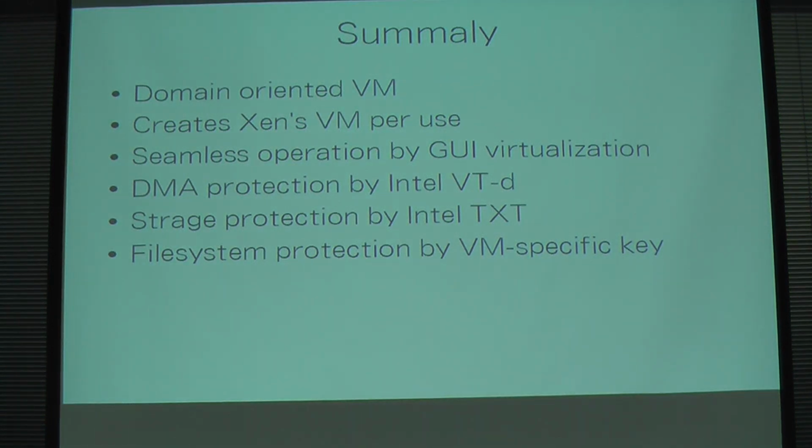And this is a summary of the Qubes OS mechanism. Qubes OS is a domain-oriented VM and creates a Xen VM per user's use. It establishes seamless operation by GUI virtualization using Xen shared memory, establishes DMA protection by Intel VT-d and also Intel TXT, and file system protection using a VM-specific key is important.